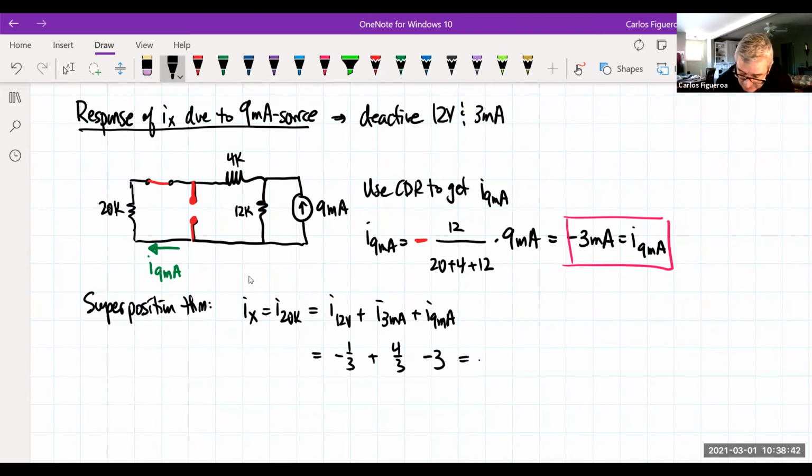And when you compute this, you get minus 2 milliamps, and that's the current through the 20K resistor right there.